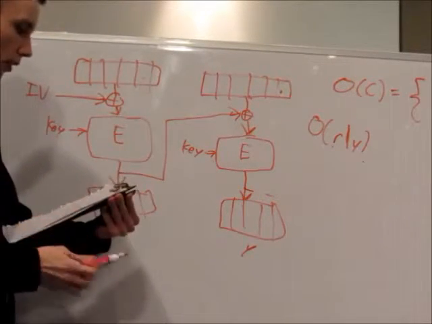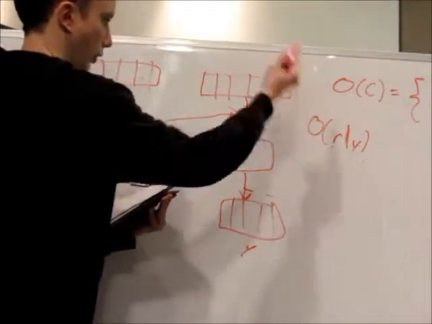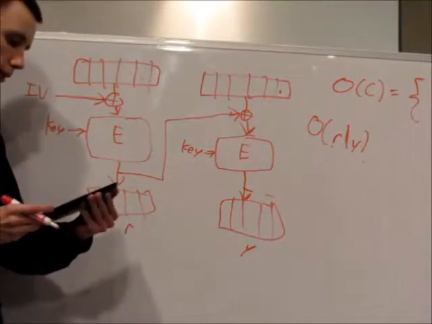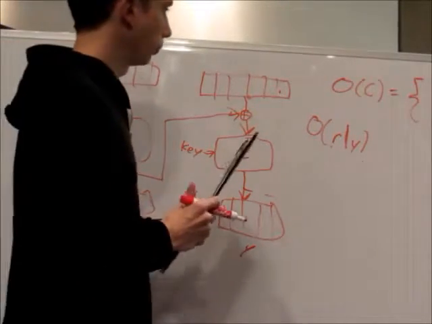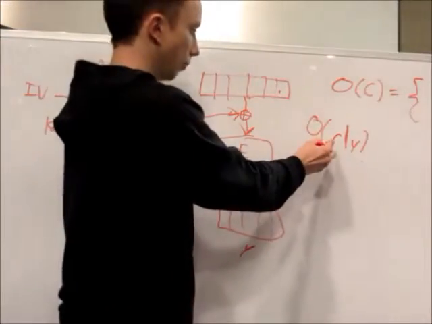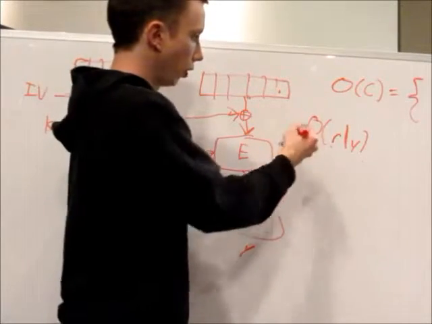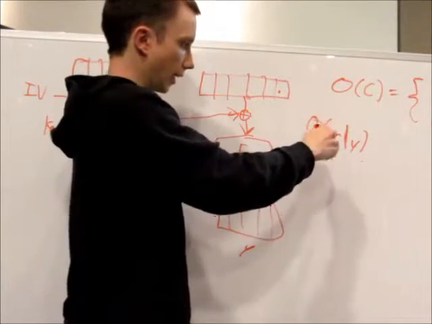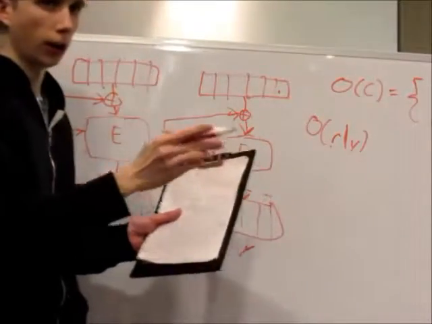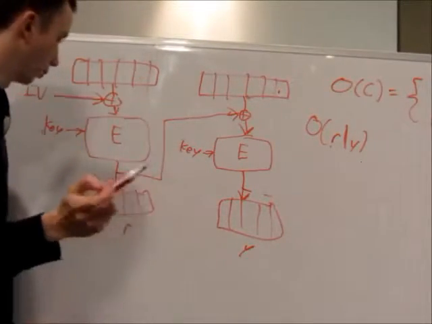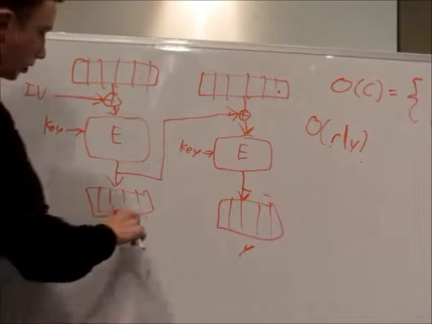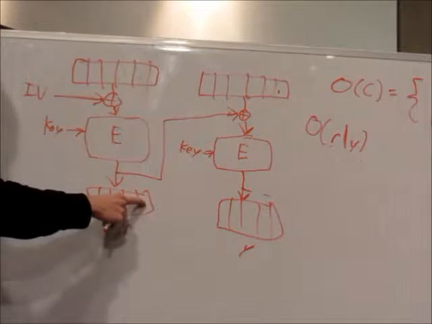We want to know if this has a valid padding, even though we just chose R completely randomly. So we pick some R, and if O of R concatenated with Y equals 0, we throw that out and pick a different R. In that different R, we'll make sure that we change this last byte.